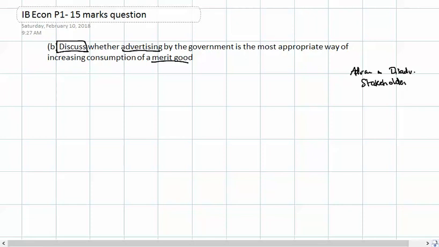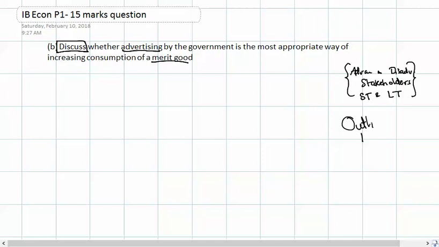If there is a long-term, short-term effect, then this will definitely help the examiner see your understanding of the topic. So how do we structure the arguments of these criteria into the answer? We start again like the 10 marks question, with our definition.